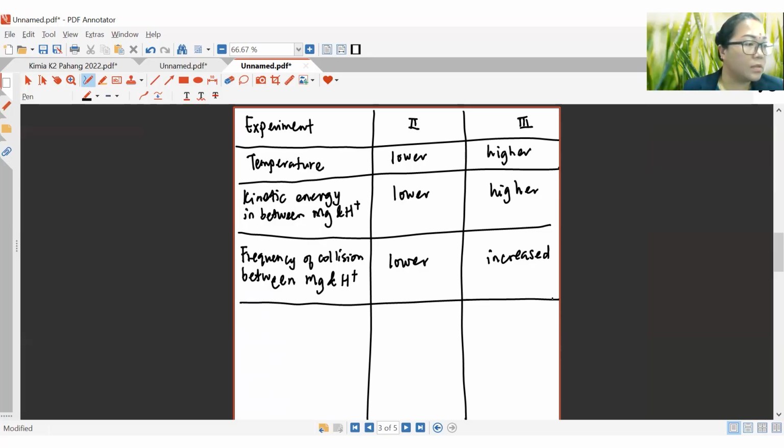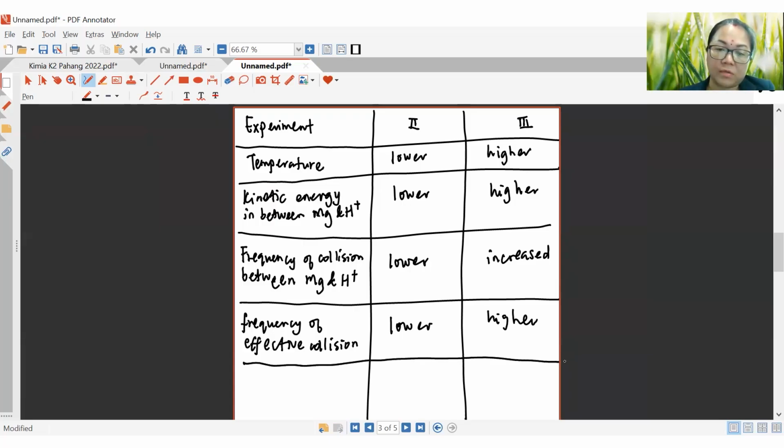As a result, frequency of effective collision: this one you already mentioned here, so you don't need to mention it here also. You need to mention at least one time when you explain frequency of collision. So this one lower, this one higher.